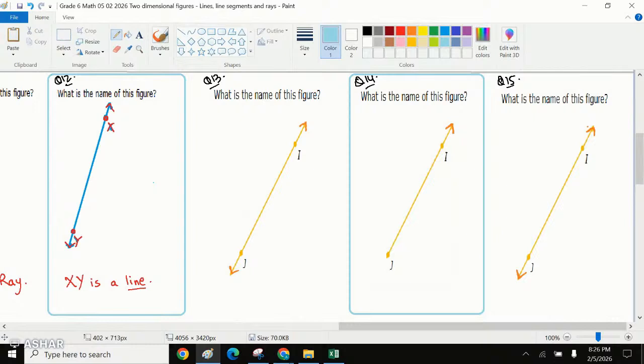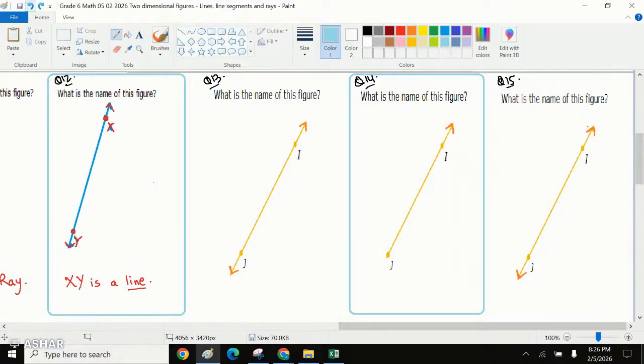It's okay, Ashik. As long as you understand, it's perfectly fine. So in question number 13, we can always see question number 12 and 13 would be very similar, because it's an infinite line.